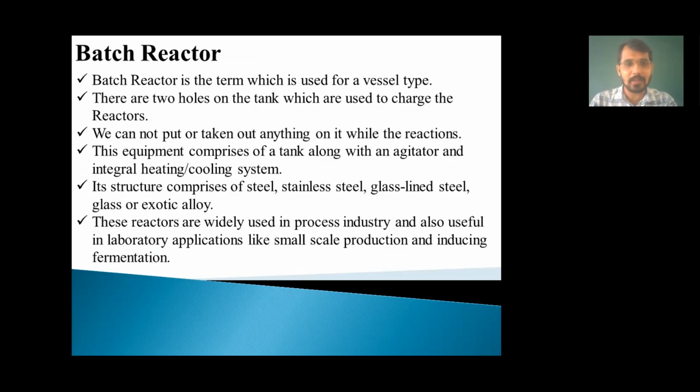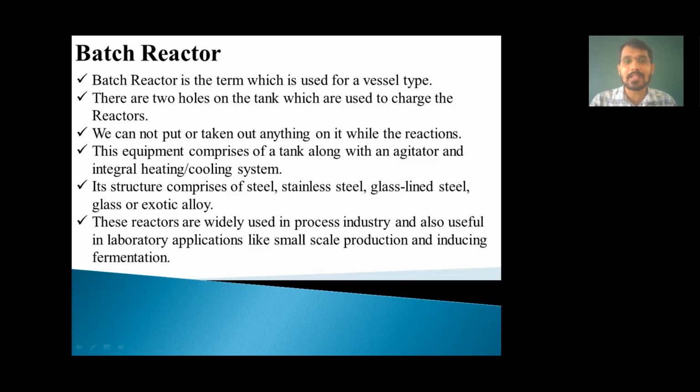The basic difference between these two reactors is that in a batch reactor, we cannot put in or take out anything during the reaction. But in a semi-batch reactor, we can put in or take out anything during the reaction. So this is the basic difference.